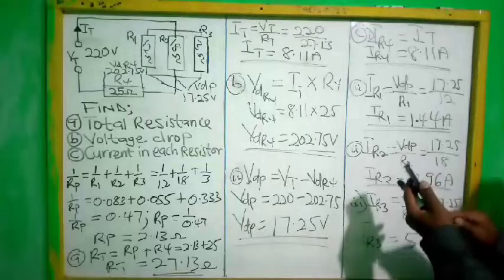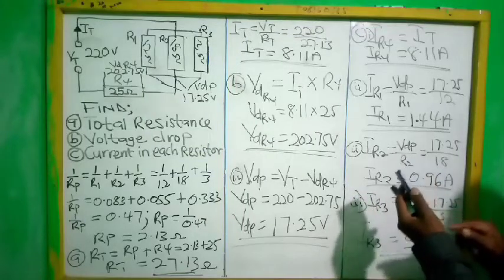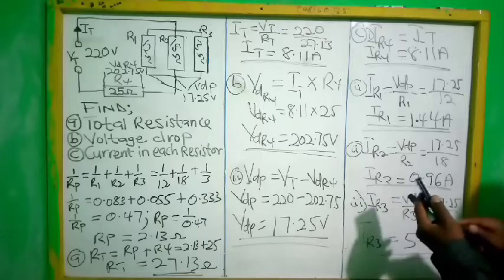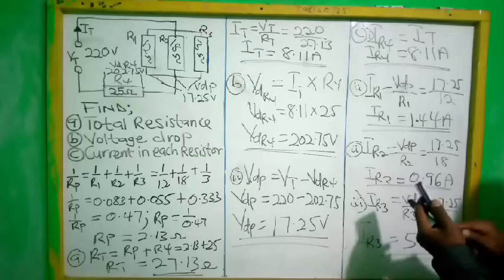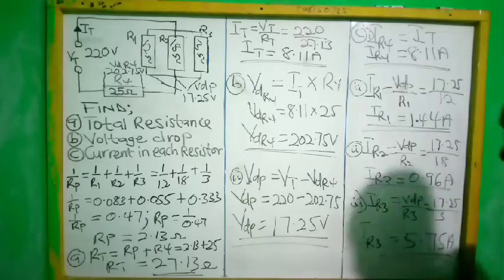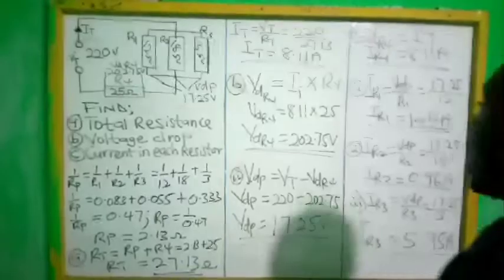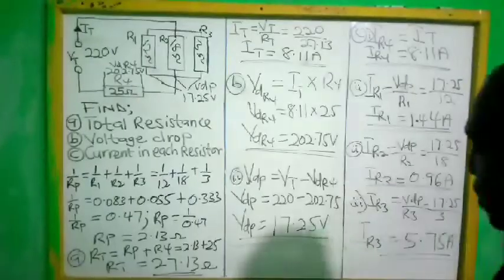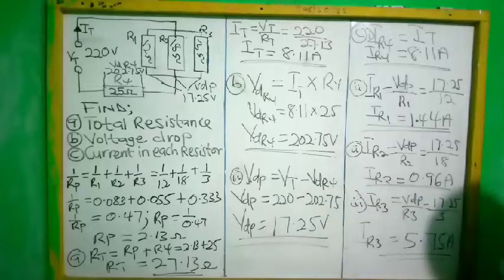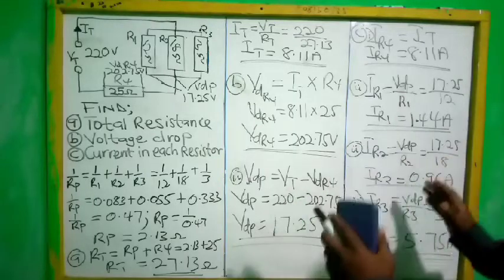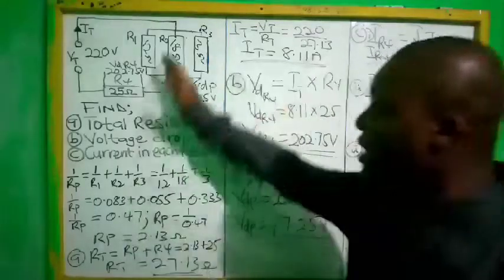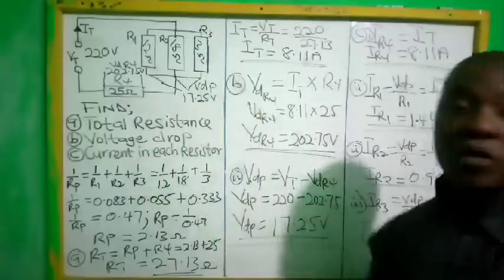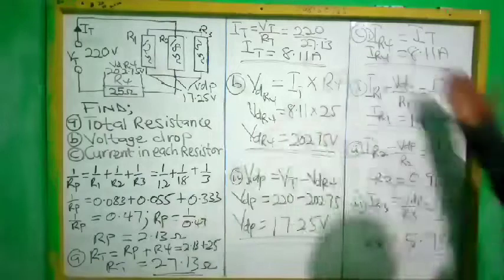So we say 1.44 plus 0.96 plus 5.75, and we have our answer as 8.15, which is almost the same as the total current. So this is the answer for when a question or a circuit is given, and for you to calculate questions like this, this is the way we go about it.